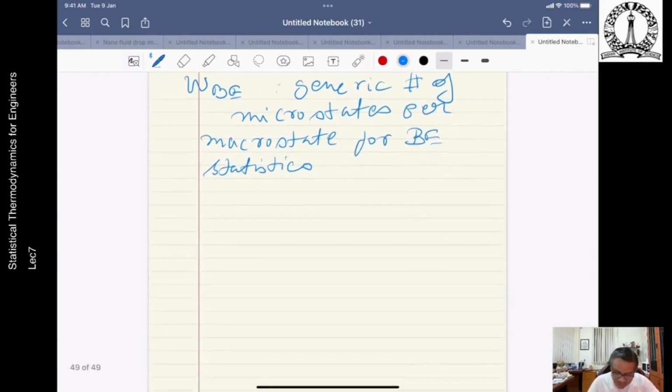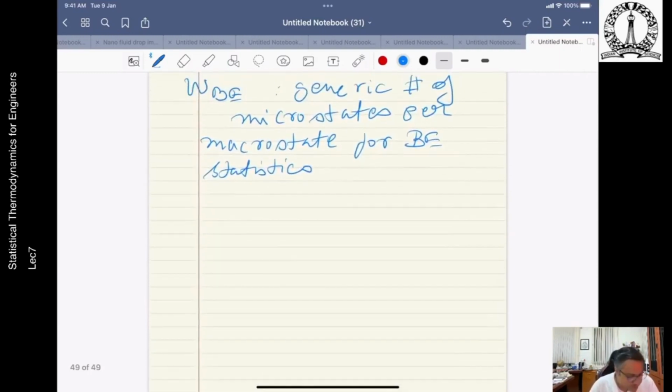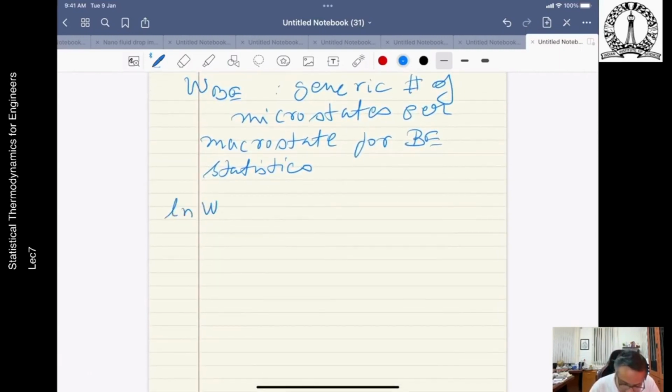So what you do after this, we follow the protocol. That means we take the logarithm of WBE, which converts this multiplicative sign into an additive sign.